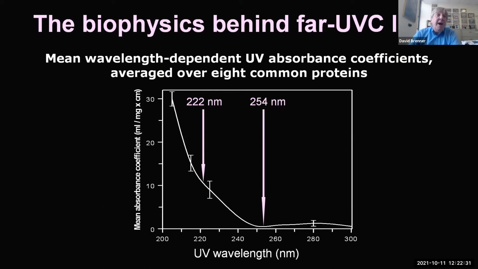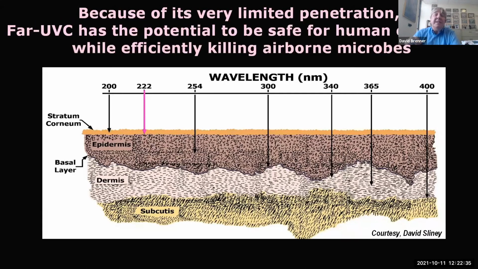And why is that so important? Well, basically, it means that the penetration of the 222 UV light is very, very different from the penetration of the 254 nanometer light in biological materials, because all biological materials contain proteins, of course.